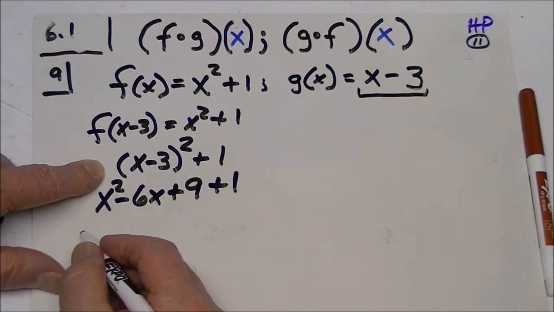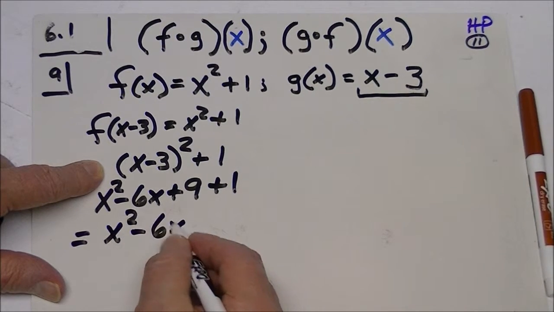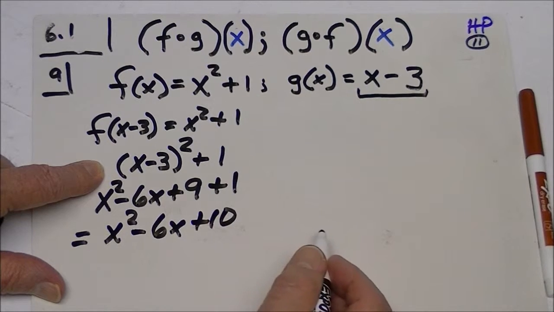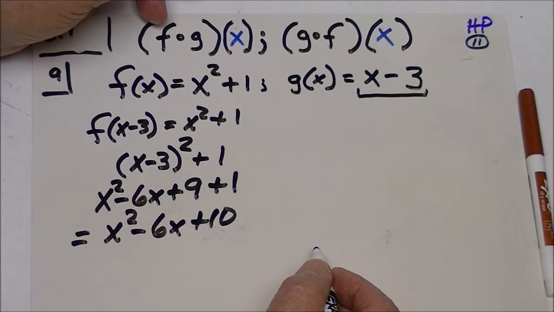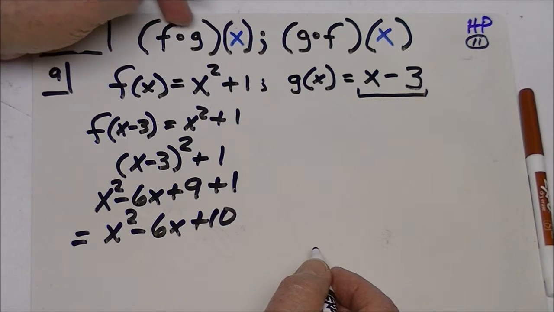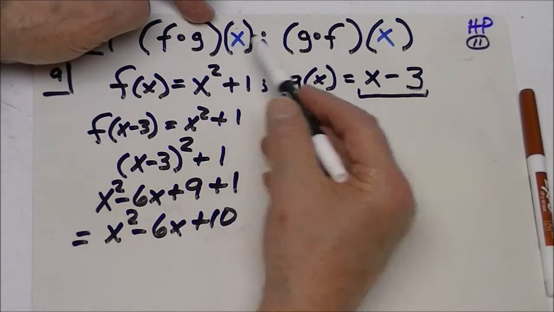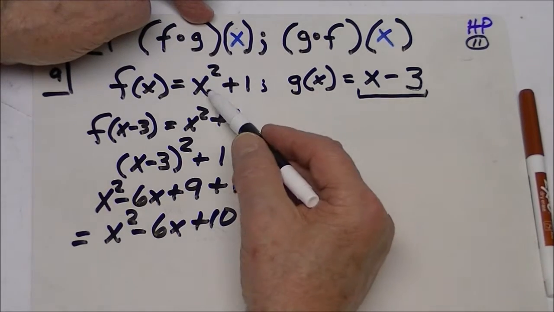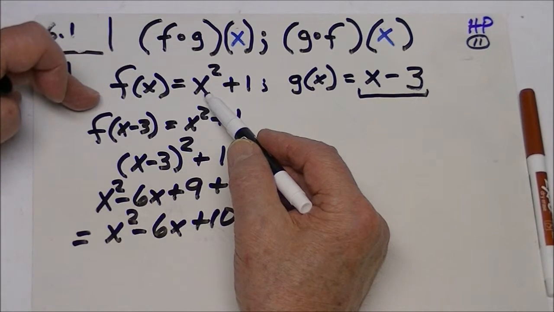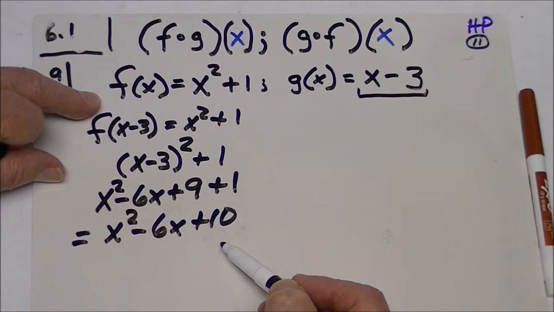So this then becomes x squared minus 6x plus 10. So when we compose f with g, or f of g, where we're just using its x value, taking this, substituting it into our f function, we get this as an answer.